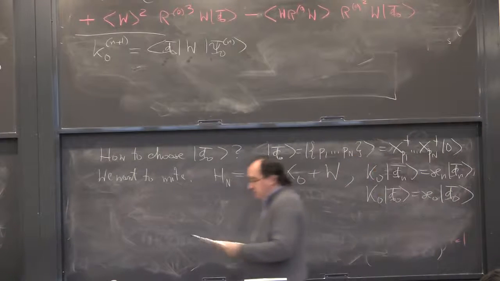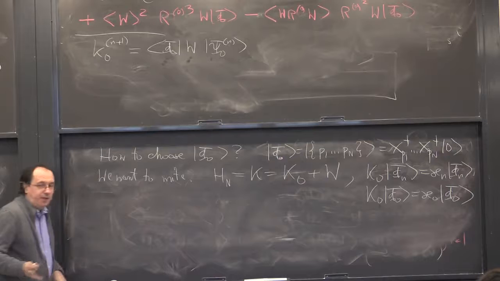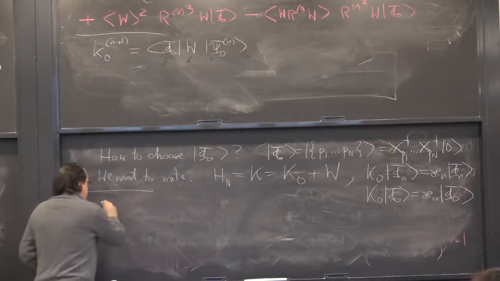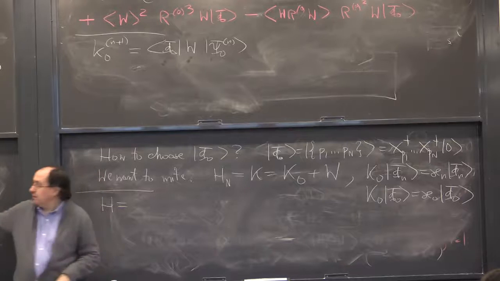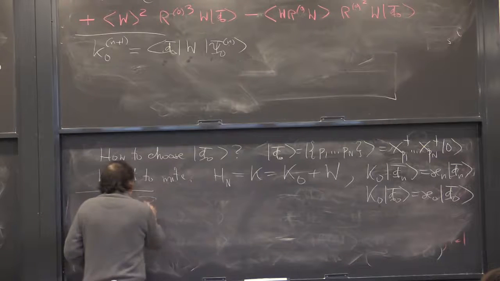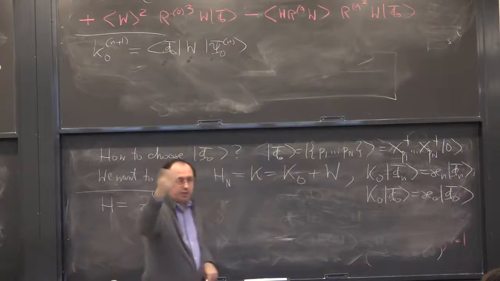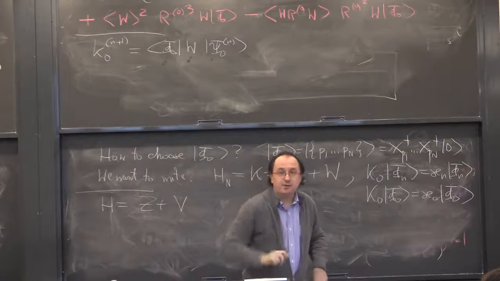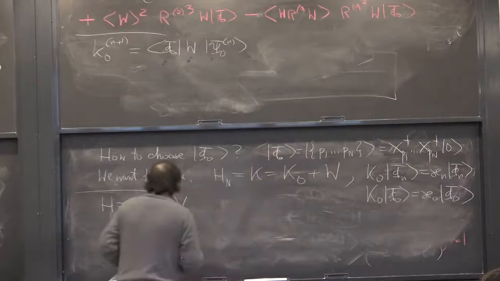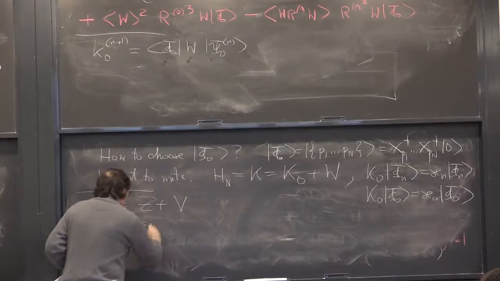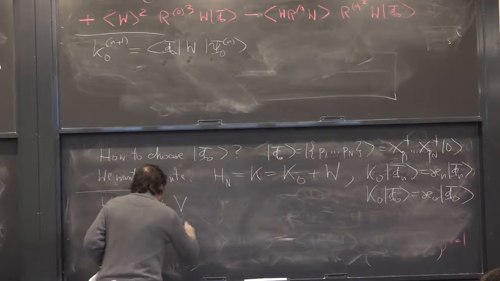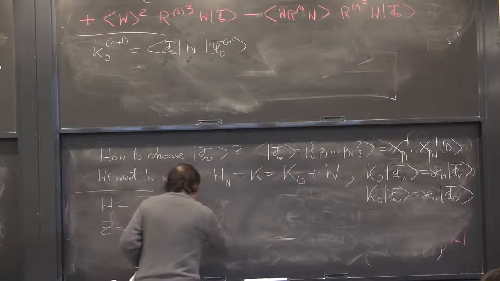So maybe I'll just finish with a little comment. We know the Hamiltonian, the original one, not the Hn, is Z plus V. Let's assume that we're going to be dealing with pairwise interactions, the most common case. We know how to write Z in second quantization: sum over PQ, P little z Q, XP dagger, XQ.